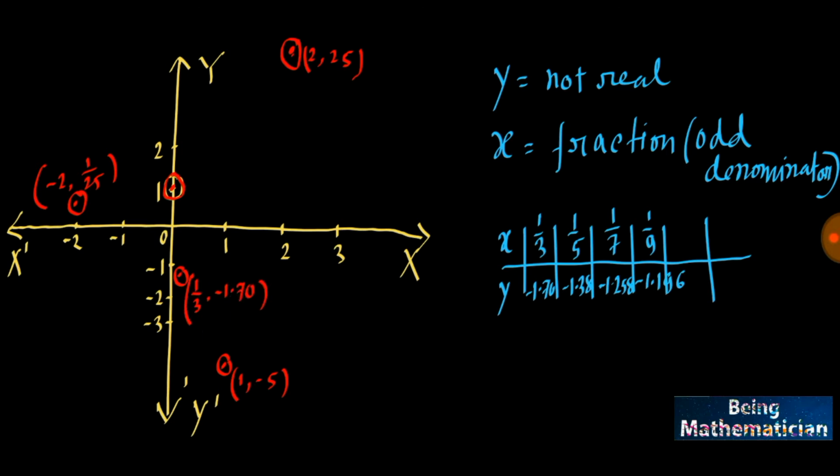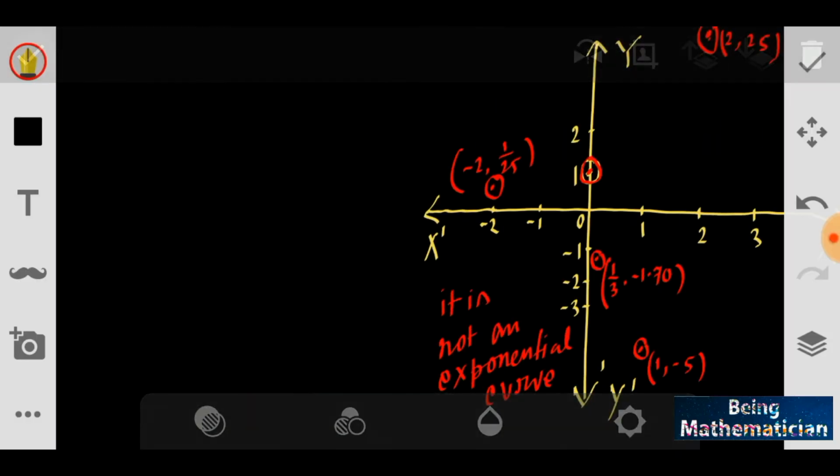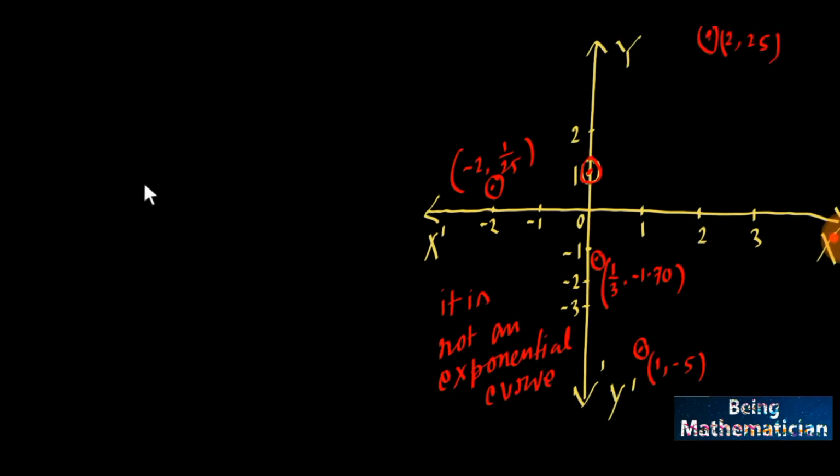See, it is not an exponential curve. If we plot the remaining points of the table, then we will see the same observation.